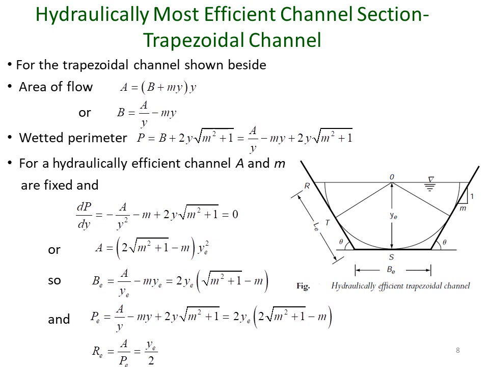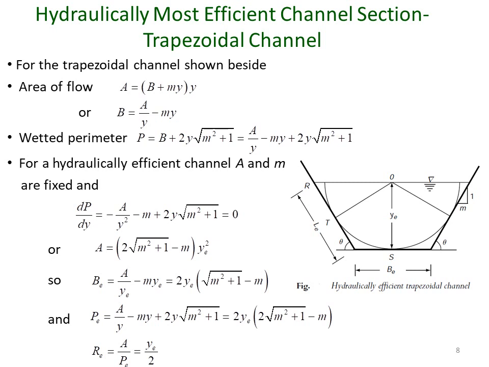So the bottom width of the channel B_e here is given by A by y_e minus m y_e, which equals 2 y_e (root under m squared plus 1 minus m), and the wetted perimeter, by substituting the values of other parameters, we get that P_e equals 2 y_e (2 into root under m squared plus 1 minus m).